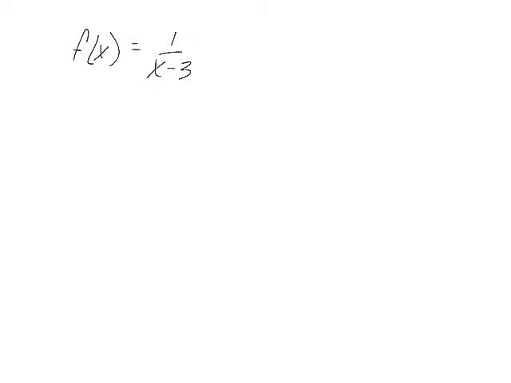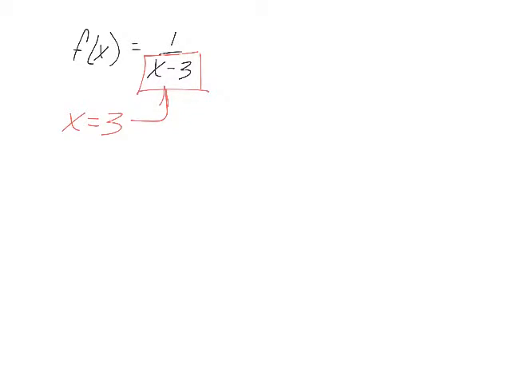Actually all it's asking you to do is find out what number we can put in for x that will make this fraction undefined. We've been doing this all along, and you find out very easily that x has to be 3 in order to make this undefined.